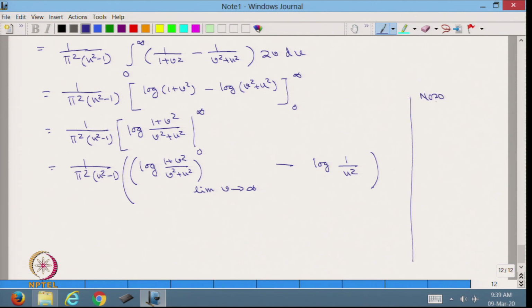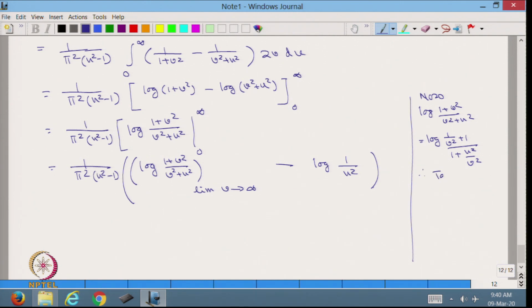Now, log of 1 plus v square upon v square plus u square is equal to log of 1 upon v square plus 1 upon 1 plus u square upon v square.